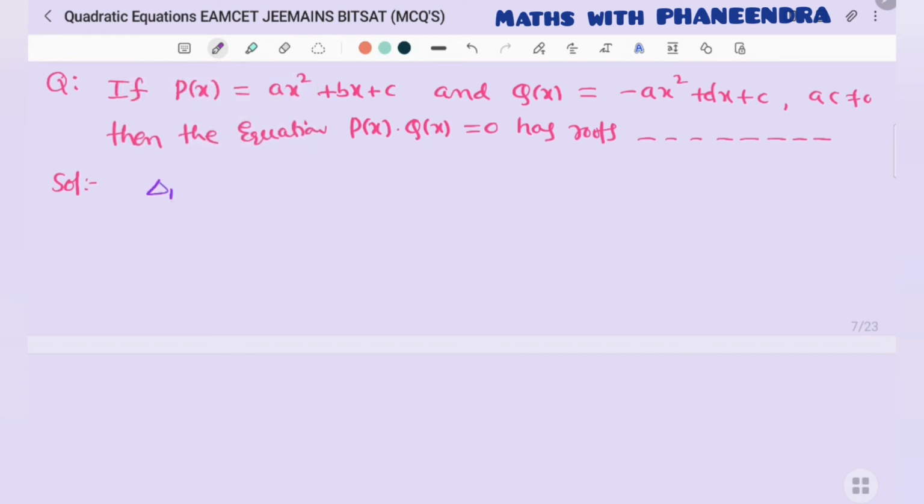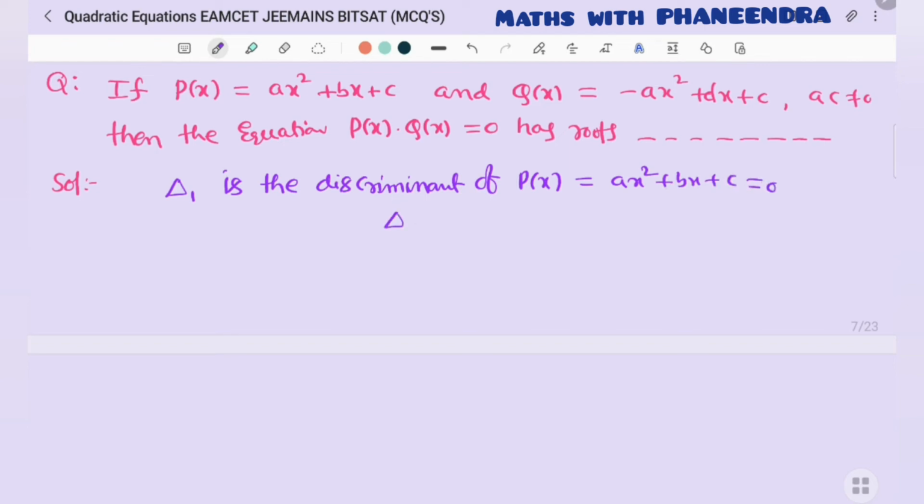So delta 1 is the discriminant of p of x. I discussed in the last video. So we will write like this. Delta 1 is the discriminant of p of x, ax square plus bx plus c equal to 0.